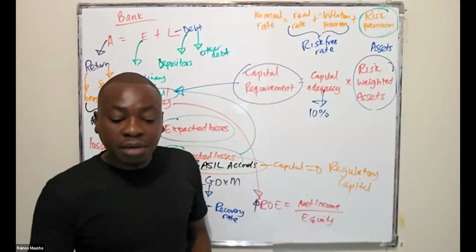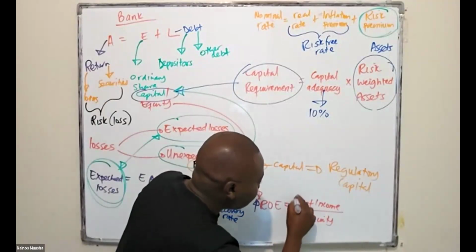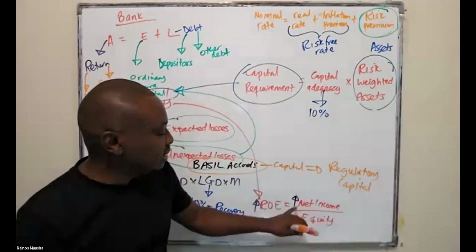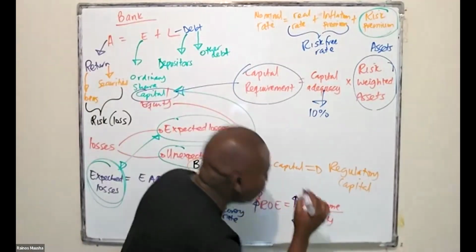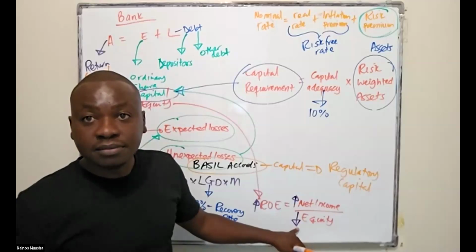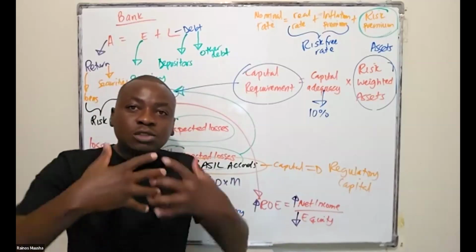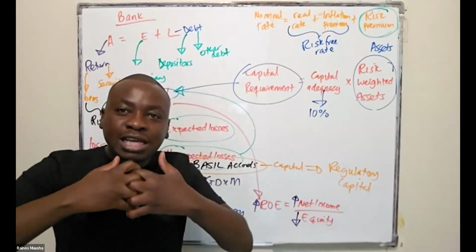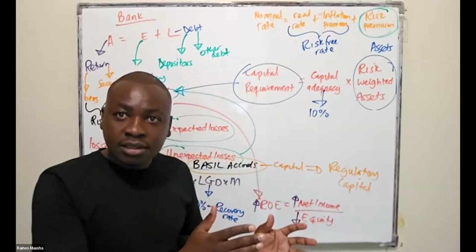Now, how do we maximize this return on equity? We can maximize it by either increasing our net income as much as possible or by having a low amount of equity. Now, this is why if you check in the US, there's always going to be that friction between the government and the banks.